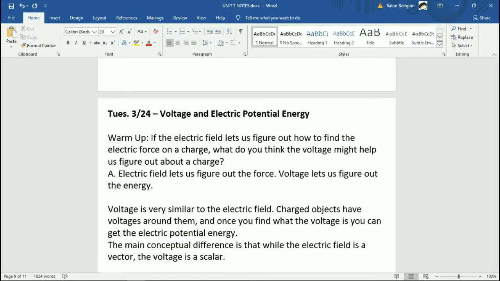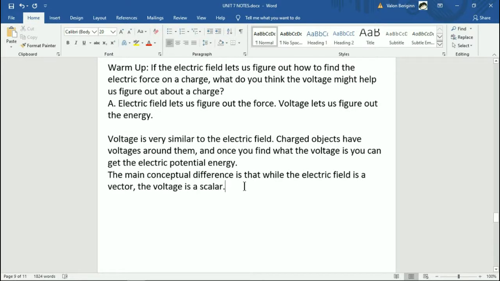In other words, if there are multiple charged objects, you have to find what the total electric field is, you have to worry about the direction of the field from every charge and all that kind of stuff. You don't have to do that with voltage. You just don't. So, before we get into these further, let's actually get what the formula is. The formula for voltage is extremely similar to the electric field equation.